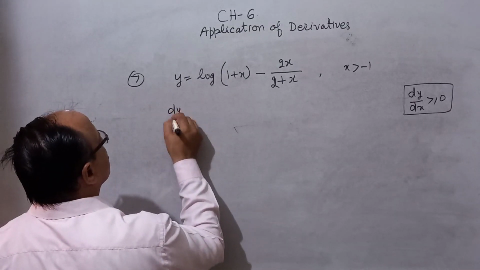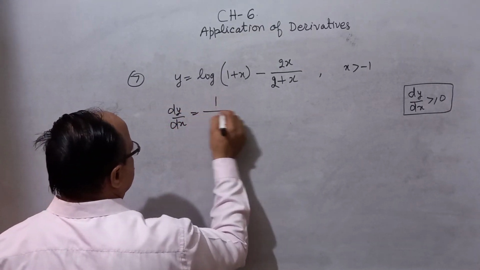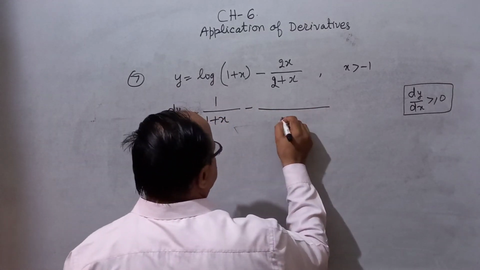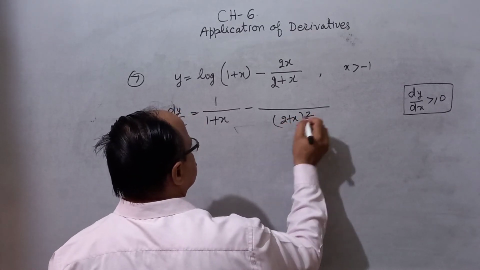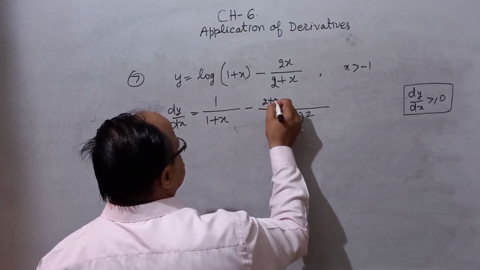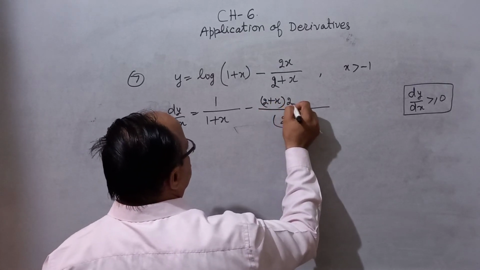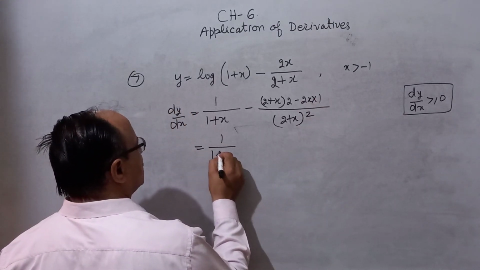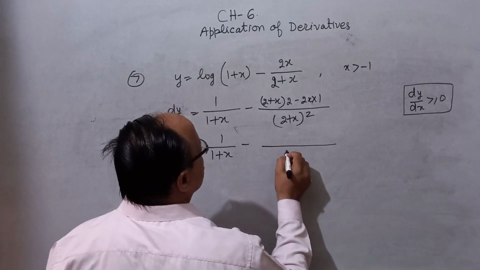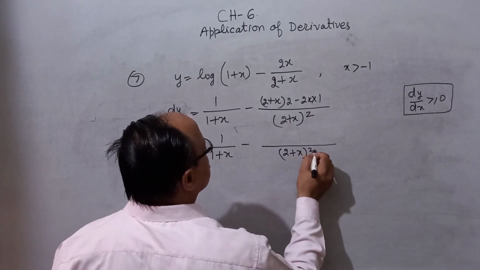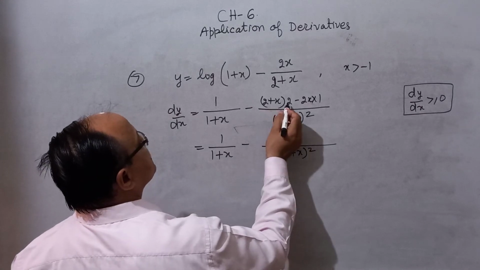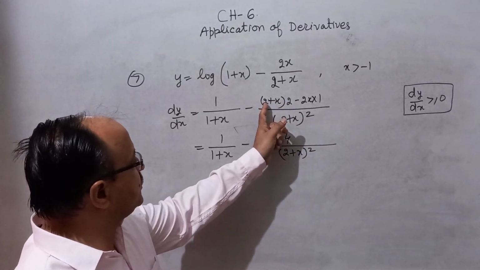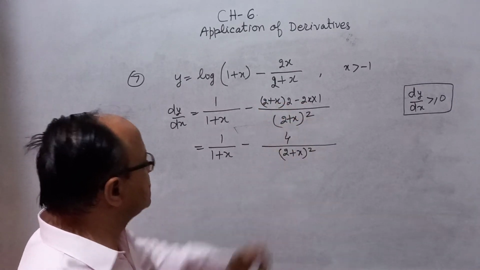Now, dy by dx: the derivative of this is 1 upon 1 plus x, minus, applying the quotient rule, 2 plus x as it is, times the derivative of 2x which is 2, minus 2x as it is, times the derivative of 2 plus x which is 1, over 2 plus x whole square. When you simplify, 2 into 2 is 4, and 2x minus 2x cancels.